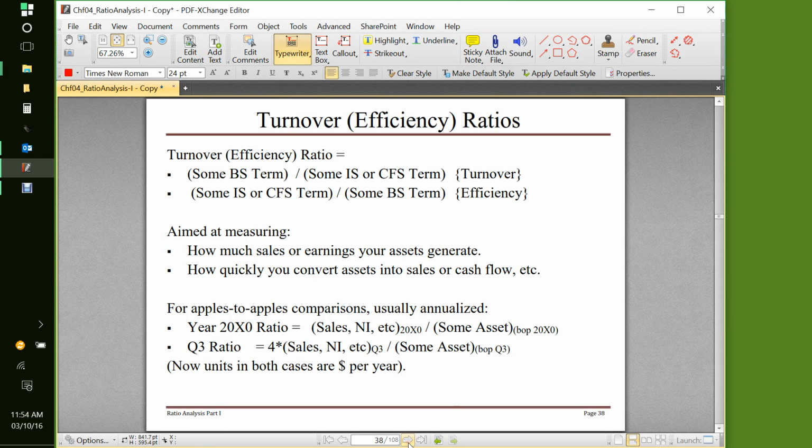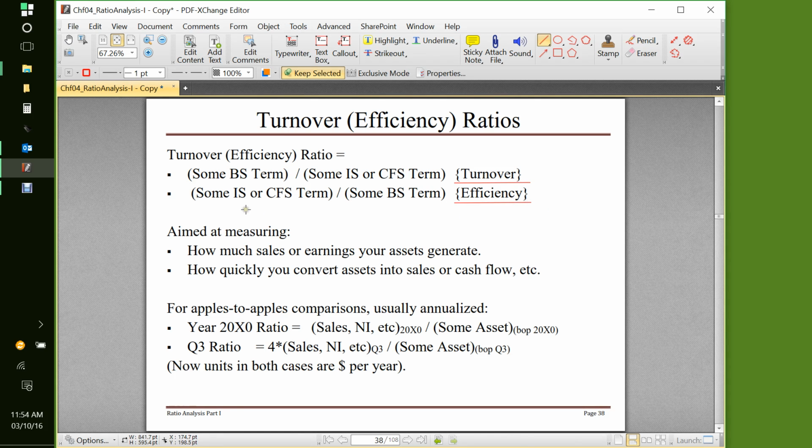Okay, and first of all, what do we mean by turnover or efficiency ratios? A turnover ratio is going to be, let me just highlight it here for you, some balance sheet term divided by some income statement or cash flow statement term. And an efficiency ratio is just 1 over that.